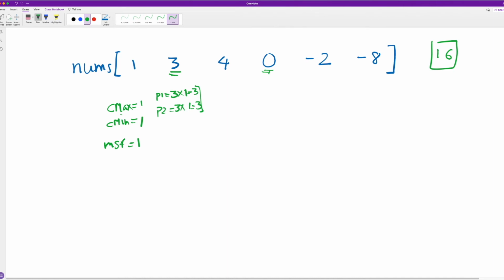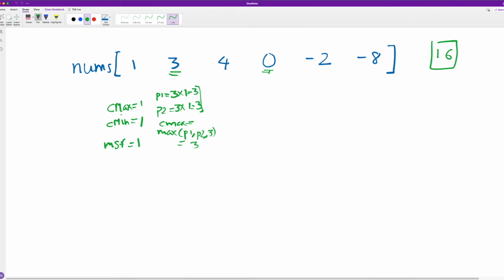So C max will be the maximum or the greatest between P1, P2 and the number at the current index, which is 3. So P1 is 3, P2 is 3, and the number itself is 3. So we'll say the max product subarray at this index is 3.